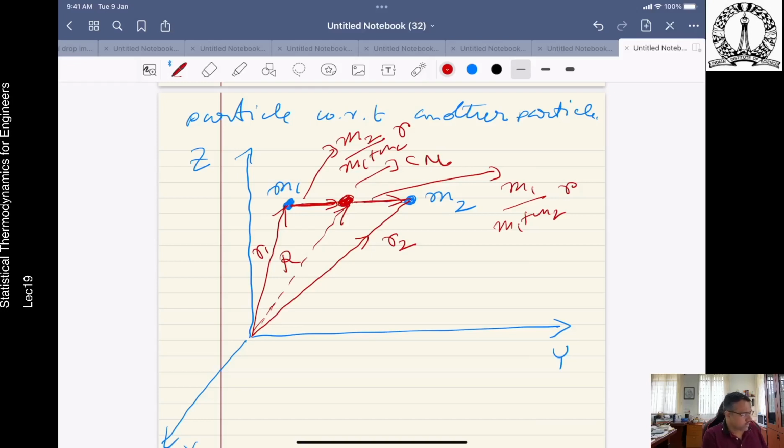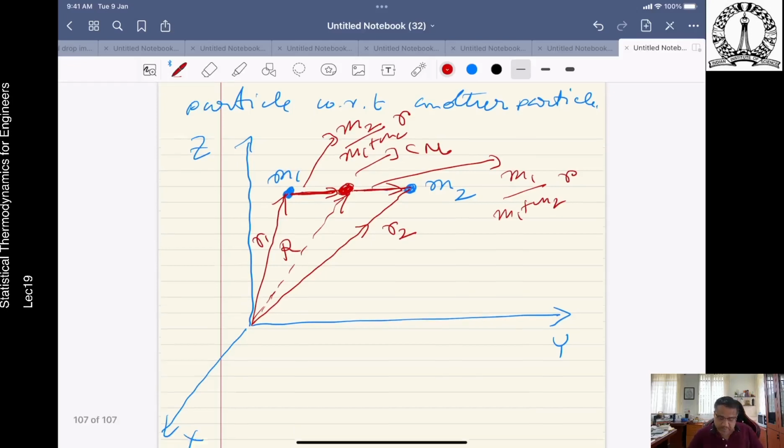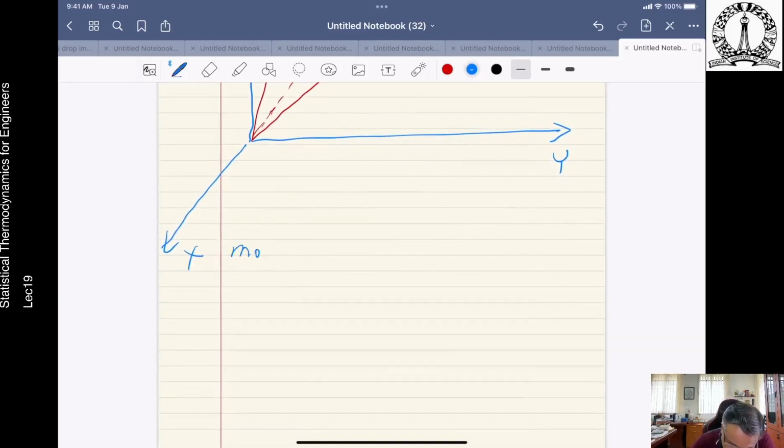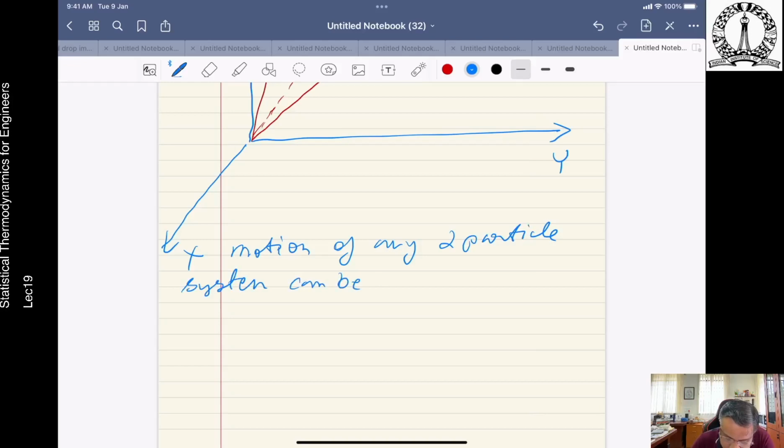So motion of any two particle system can be described by the CM, nothing but the center of mass.